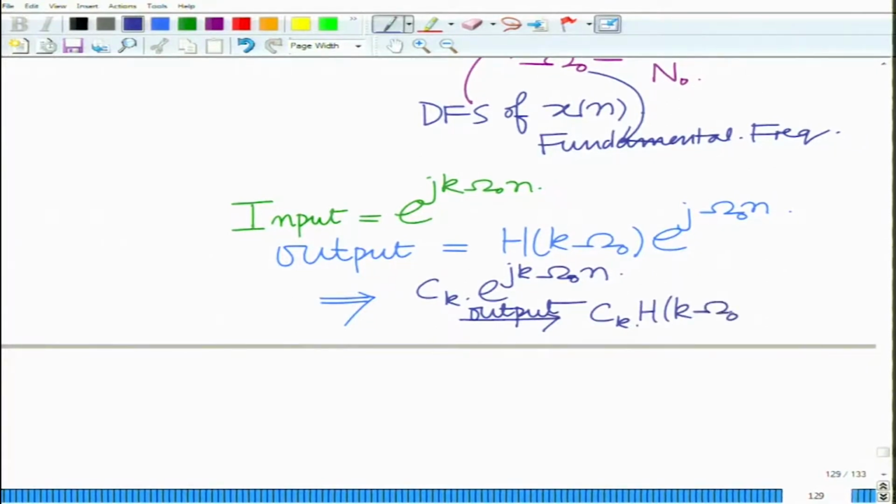So, the input is scaled by linearity, and the output is also scaled.